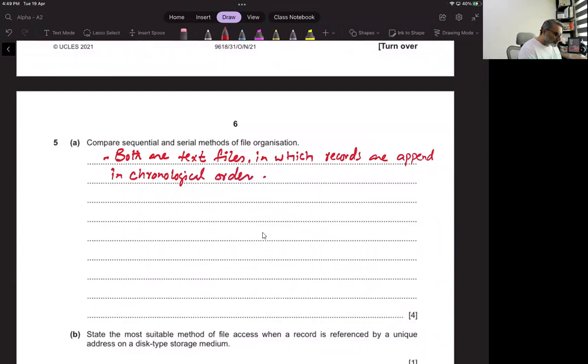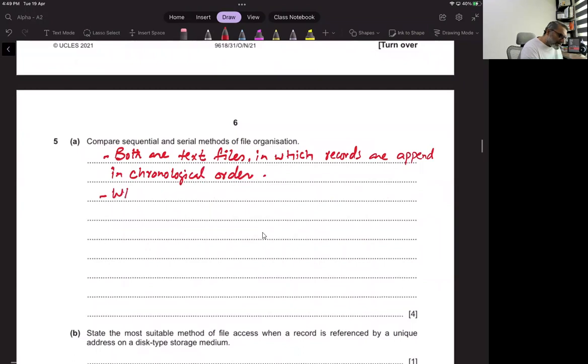When accessed, they are both accessed serially for records one after the other.